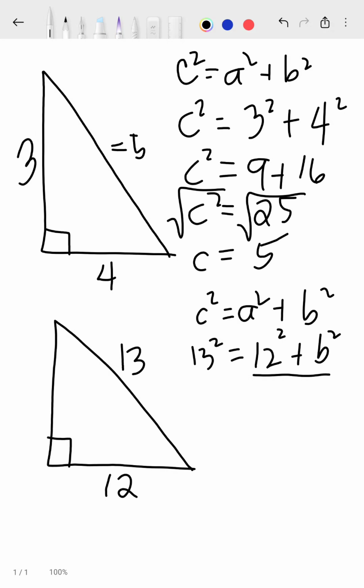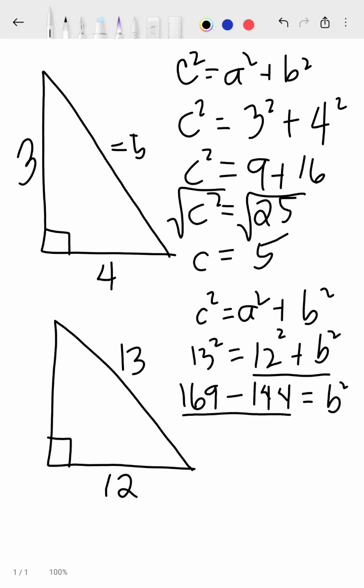At pag nag-transfer tayo doon, again, we need to change the signs. Very good. So 13 squared is 169. Then 12 squared is 144. But instead of having it as a positive, dahil nilipat ko siya, magiging minus 144 equal to B squared.